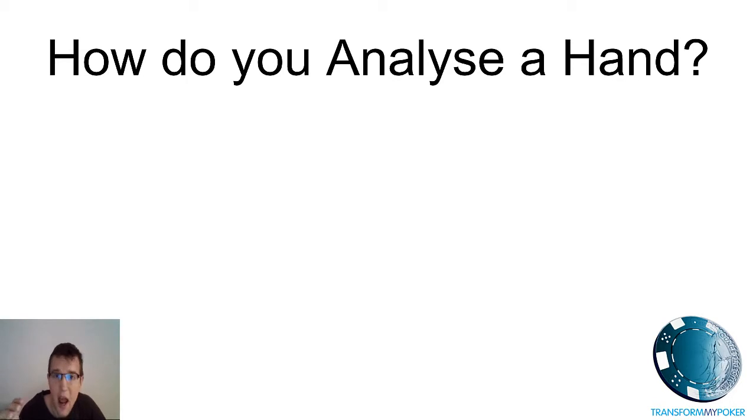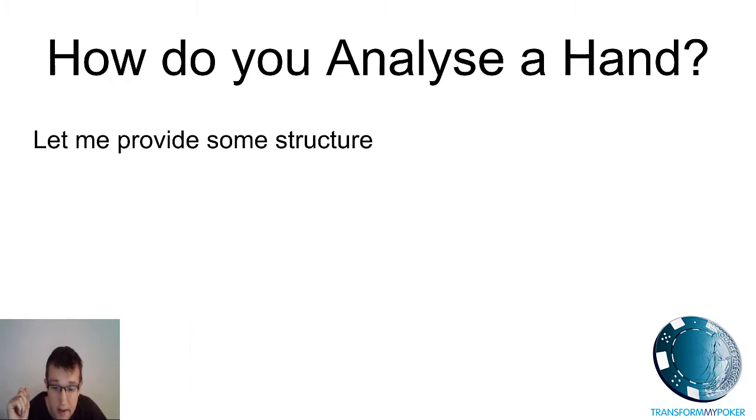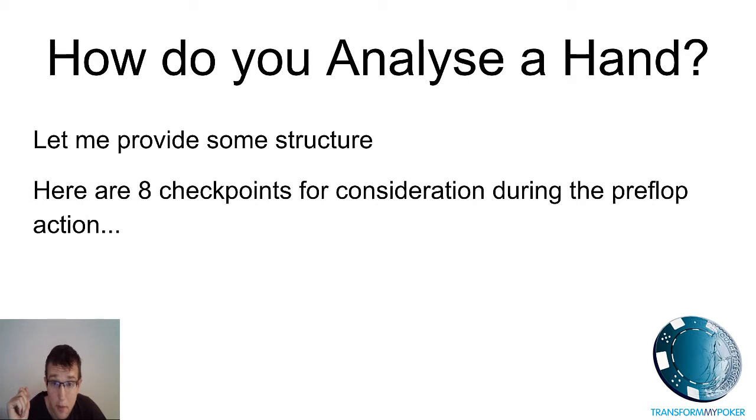You may know that Harrington on Hold'em Part 1 is the best-selling poker book of all time. In the chapter, Harrington outlines a list of things you should be thinking about. I've actually abridged them slightly into 8 checkpoints, and I'm going to give you these now, okay?